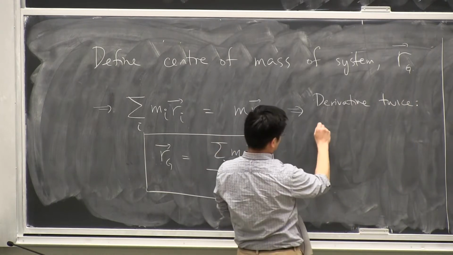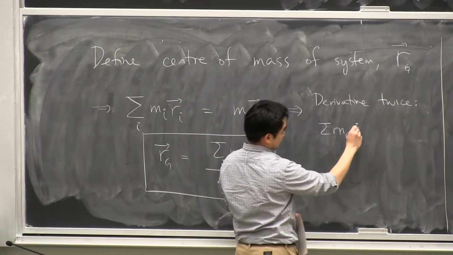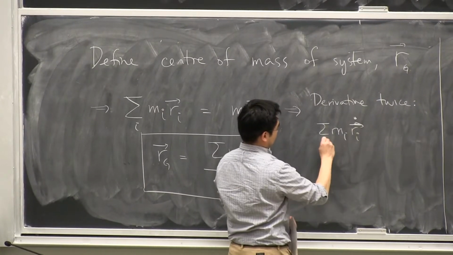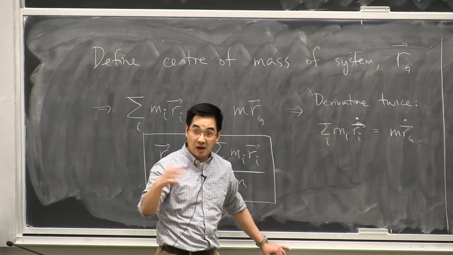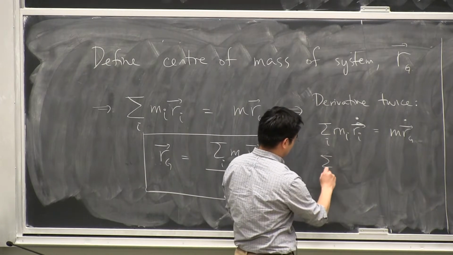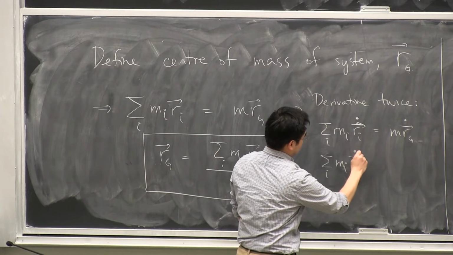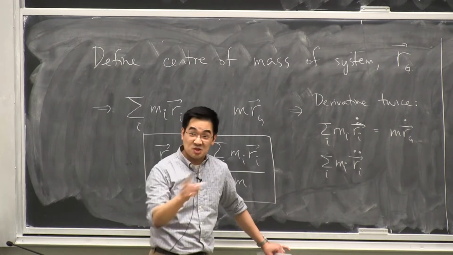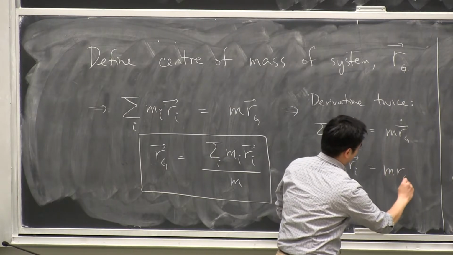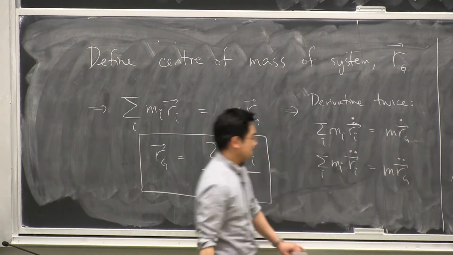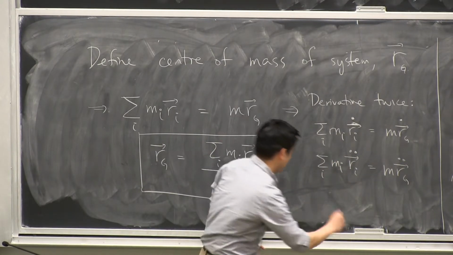And what you're going to see is this. The sum of all the mi ri single dot, vector single dot, is equal to m rG single dot. That's the velocity version. And then I'll take the derivative again: mi ri double dot, and this is all true because the m's are all constant in this particular case. So m rG double dot. And what does r double dot mean? r single dot is velocity, r double dot is acceleration.